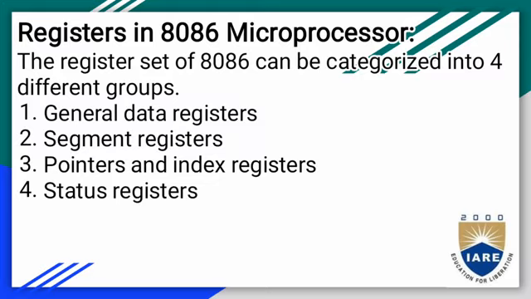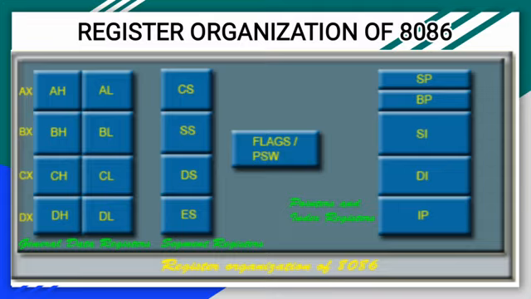Moving further. This block diagram shows the register organization of 8086. The general data registers consist of AX, BX, CX, DX.